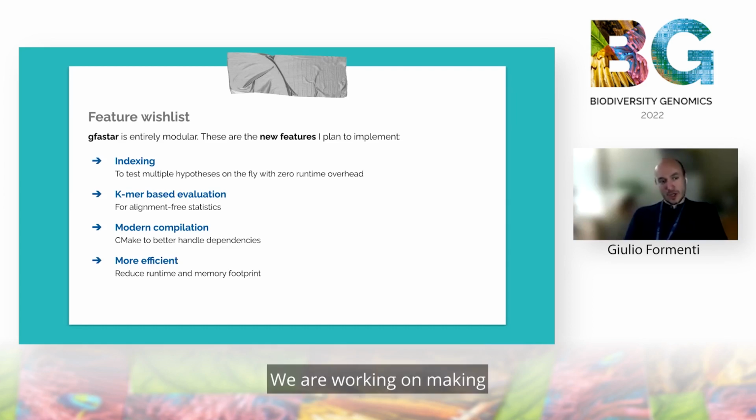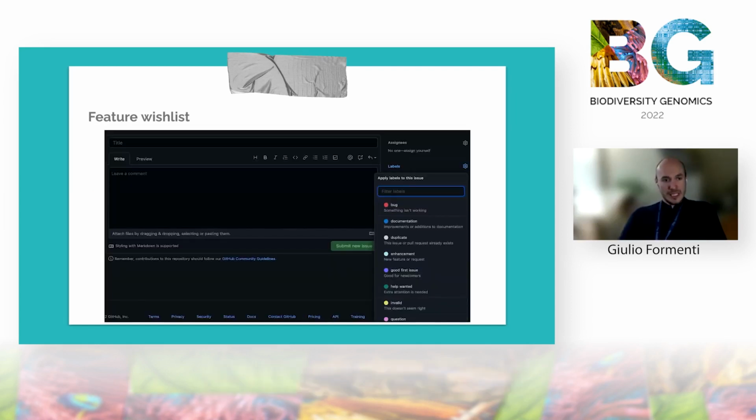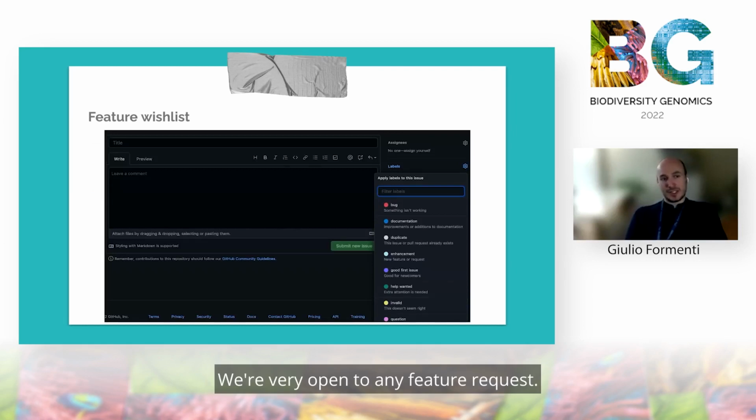We are working on making the tool in general more efficient, with modern compilation to ease compilation with CMake, and also reducing runtime and memory footprint. We're very open to any feature request, so please reach out to us through GitHub by opening an issue, or just send us an email directly.